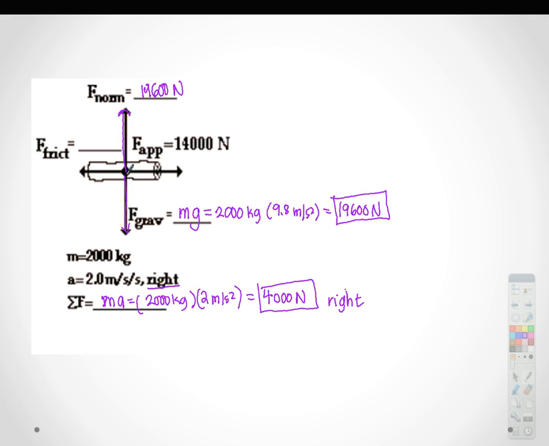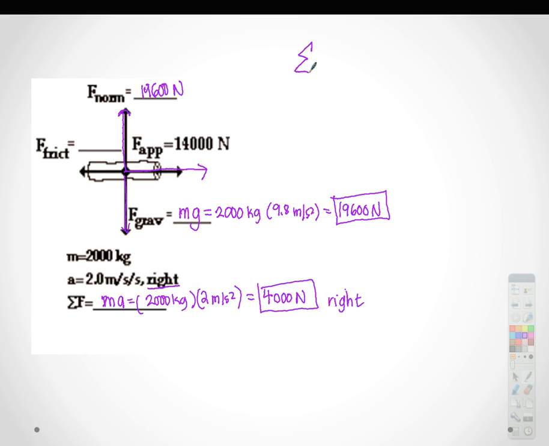Okay, so if it's going to the right, this one should be relatively longer compared to this one. So we should be getting a smaller force of friction compared to this one. You can just do the analysis, and then you can see if you need to add or subtract these two, or you can always do the equation.